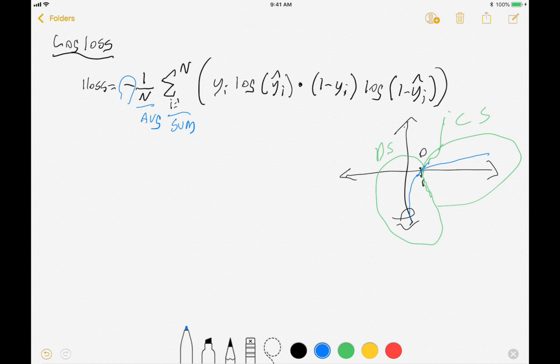Then we need to sum it. We sum all of those log loss errors, and that is basically going to give you the summation of all your log losses, and then you divide them by n. All of your log losses, ones near 0 are not particularly bad.